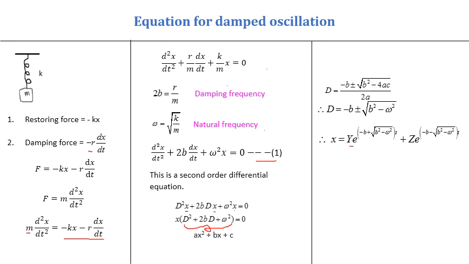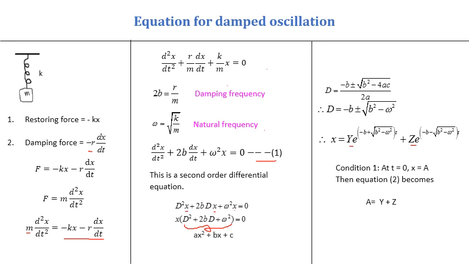Here y and z are constants. We need to determine the values of y and z using the boundary conditions so that we will get an expression for displacement in the case of damped oscillation. So now let us find the values of y and z by applying the boundary conditions. Let me consider the first boundary condition.